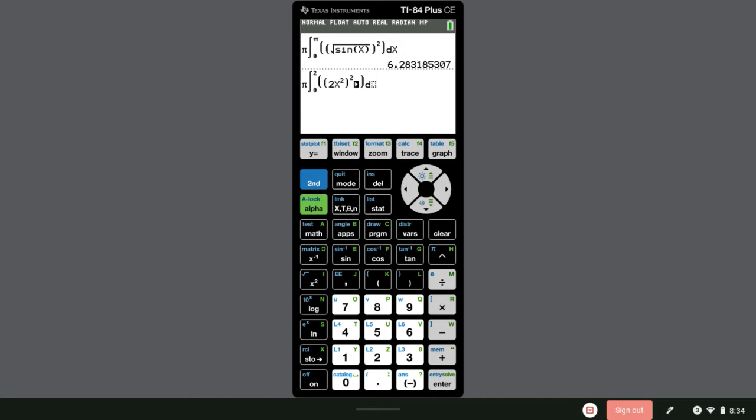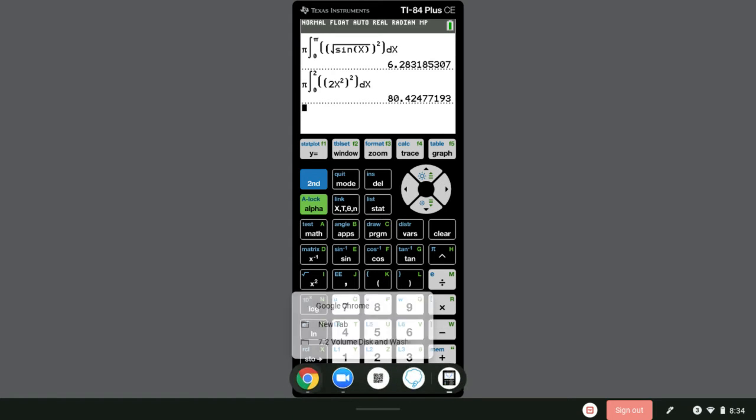Close parentheses squared. And then dx. Notice, y'all, that I do have to put parentheses on the inside of the set of the parentheses for the integral. That is important. You can't use the parentheses that come with the integral if you need to square something or something like that. Then we get 80.425.